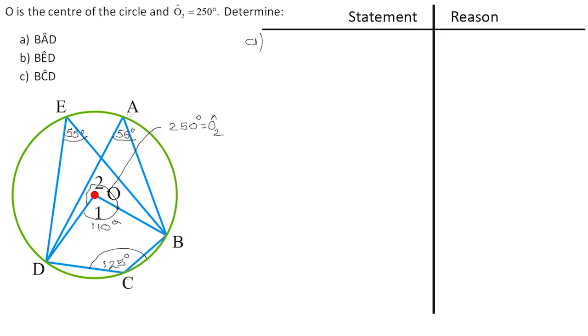We cannot find BAD without first having O1. So the first statement that we will write there is O1 is equal to 360 degrees minus that 250 degrees. And that was equal to 110 degrees.